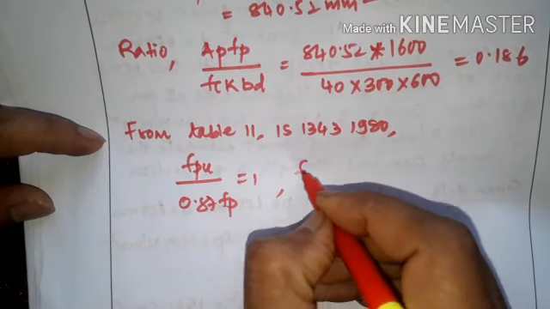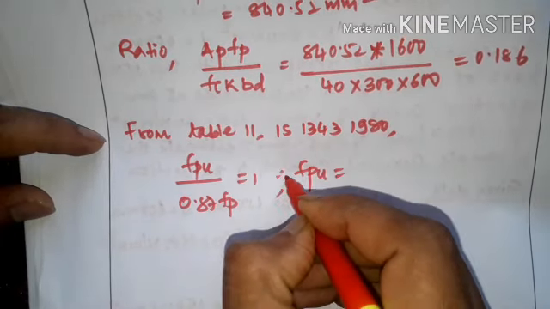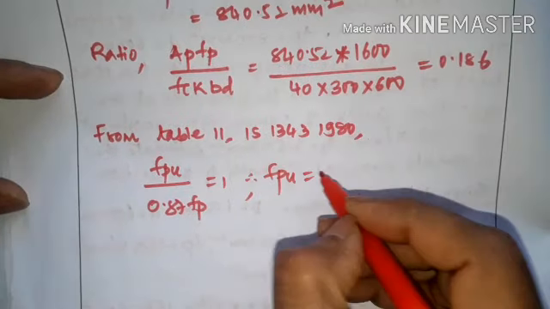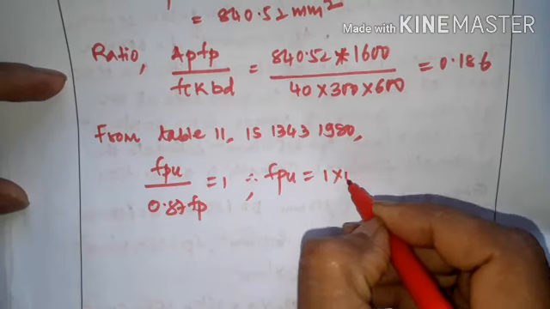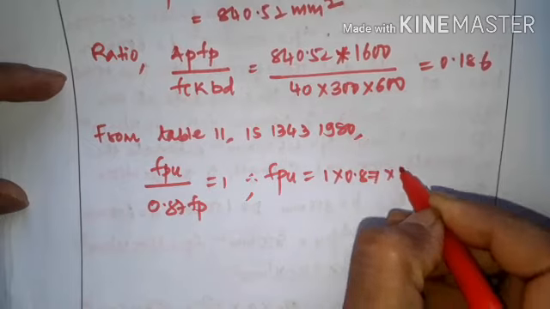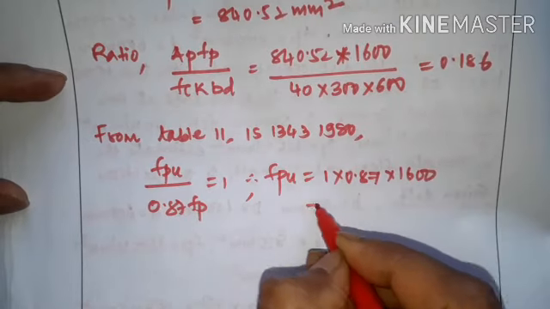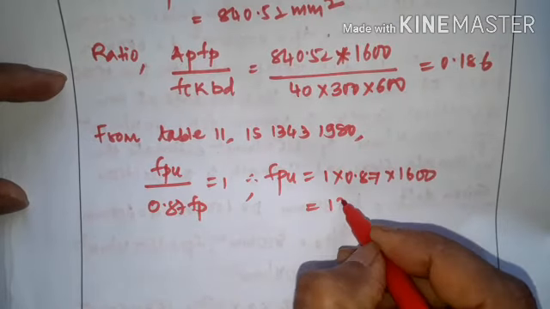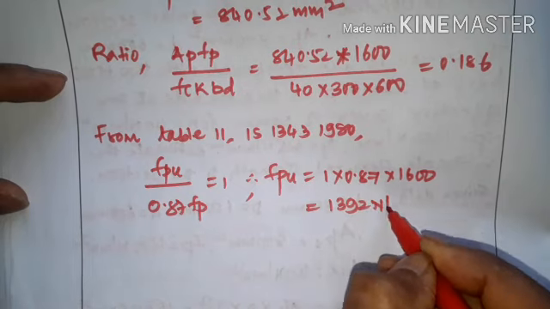So therefore Fpu is equal to 1 into 0.87 into 1600. So this will get as 1392 Newton per mm square.